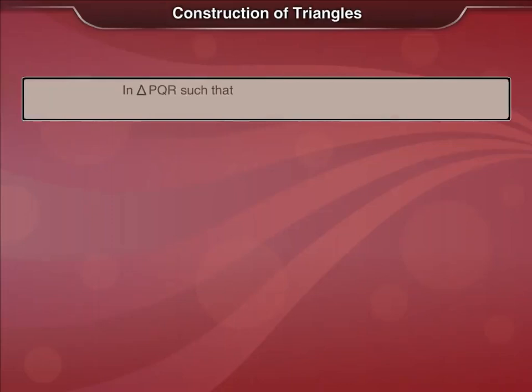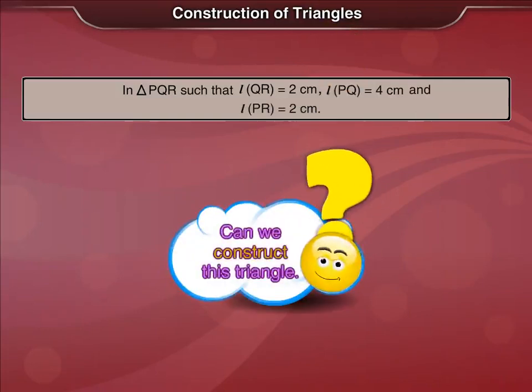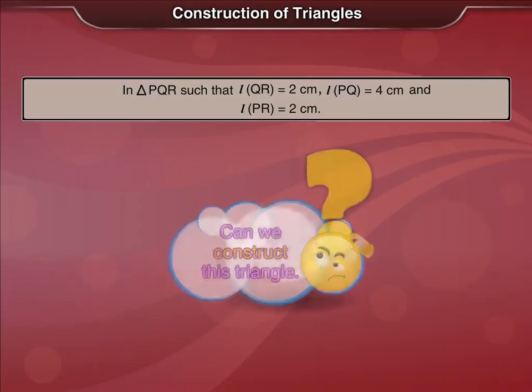Let's do one more activity. Draw triangle ABC such that BC is 8 cm, CA is 6 cm, and angle ABC is 40 degree. As always, let's first draw a rough diagram of the required triangle and write the given measures.